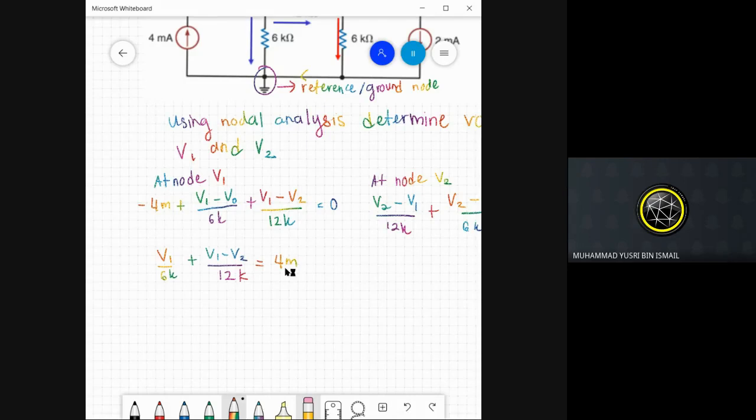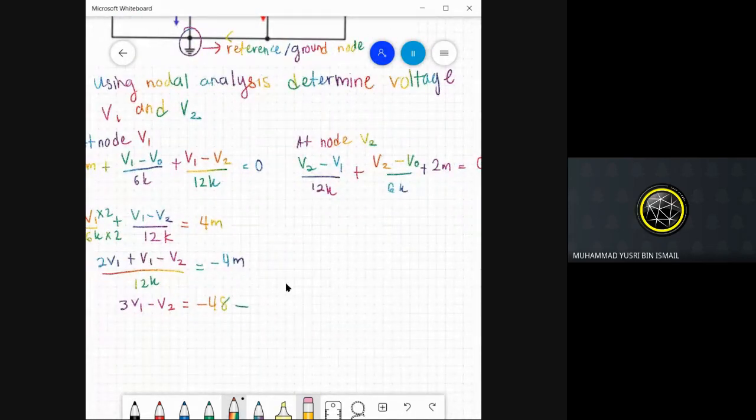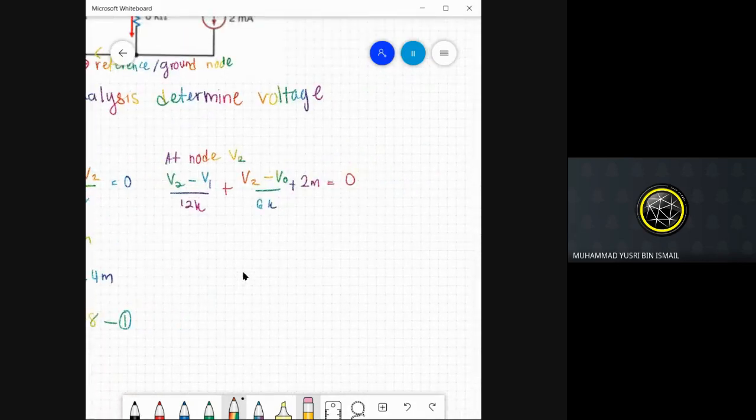Okay, this side I will times with 2. So here you will get a negative 48. Now this will be our first equation.